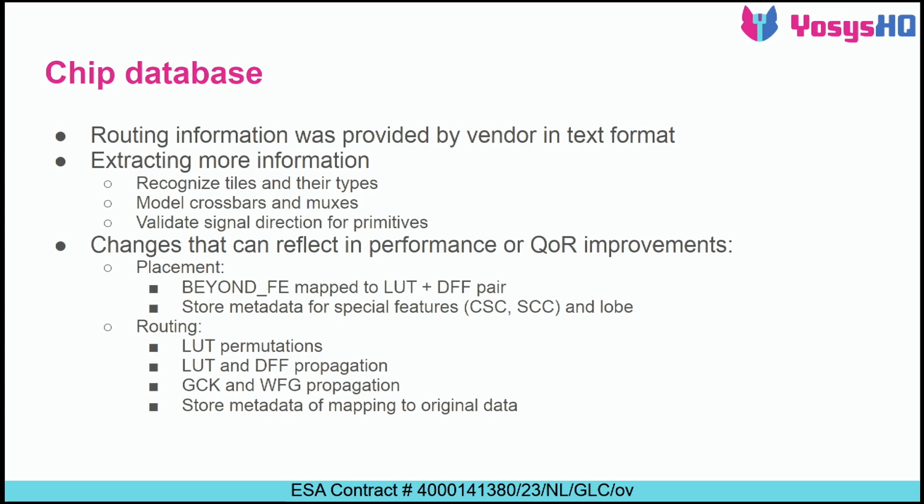So LUT permutation is just if you decide on routing that actually using this port on the LUT to go here is much better than what the synthesis tool decided it's going to connect on the first port, because you can just rewrite the LUT table on the fly afterwards. We give the router the choice to go to any of the ports, just whatever is most convenient to it. And then we rewrite the LUT table after the fact to reflect what it actually chose as input that makes the most sense for the routing to have the best timing. And yeah, similar problems for clocking and so on.